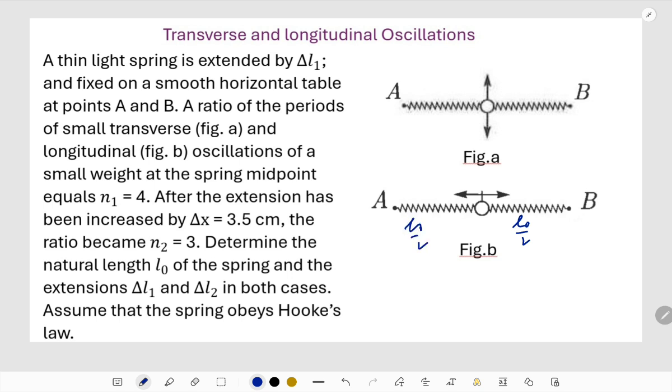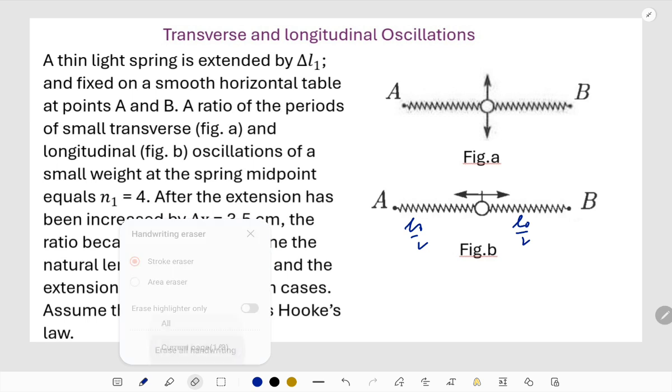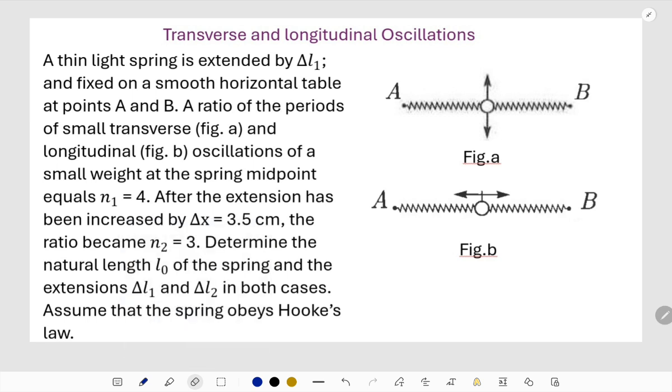But I don't need to work on these things. I can simply say that the spring is under some kind of stress already, and this was created by some force F, and this is true in both cases, whether the oscillations are in longitudinal or transverse direction.